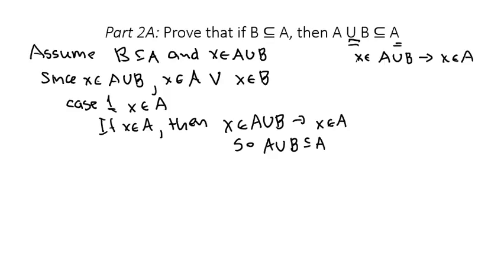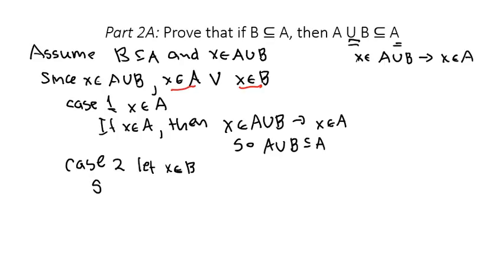But we also have case 2. Case 2 says, again, back to this or statement, we know that either X is in A, which is case 1, or X is in B, which is case 2. So case 2, let's let X be an element of B. Well, since X is an element of B, let's go back to our original assumption.